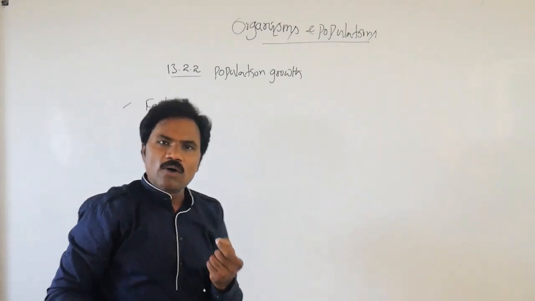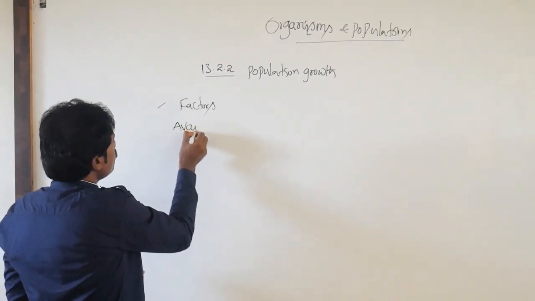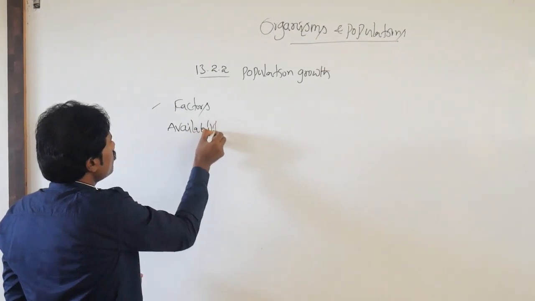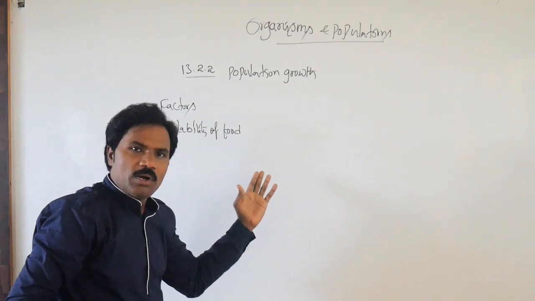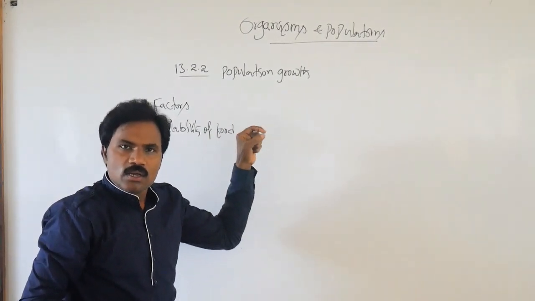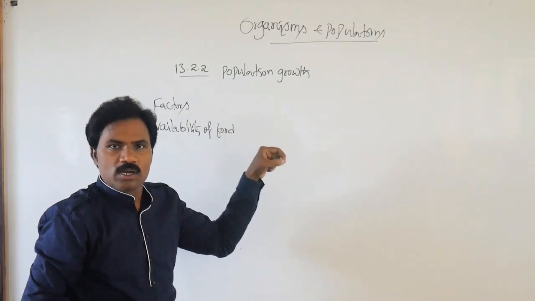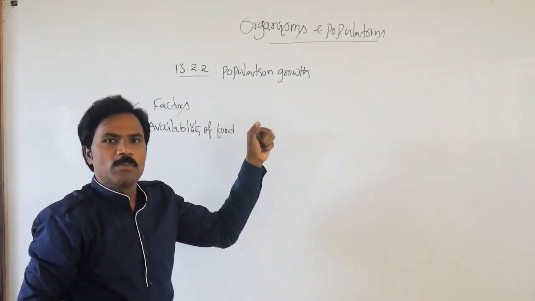That is the availability of food material. The availability of food material is one of the important factors influencing changes in the population size.